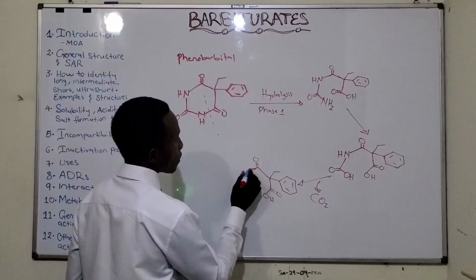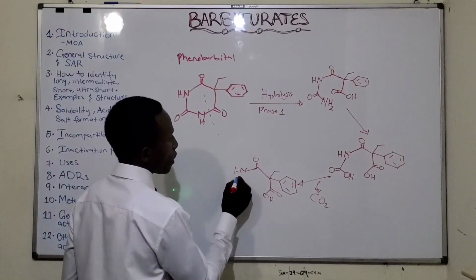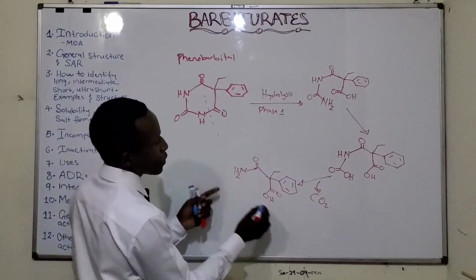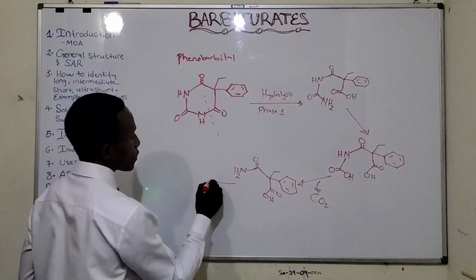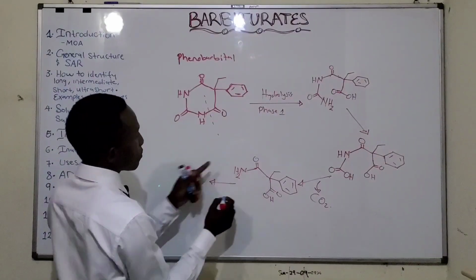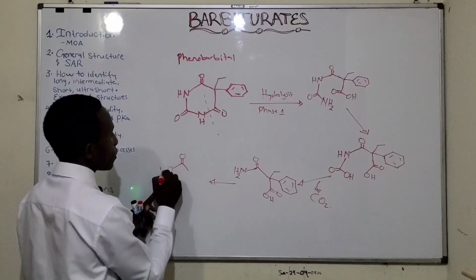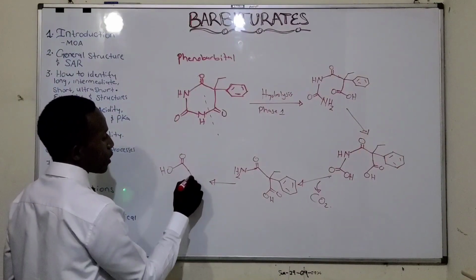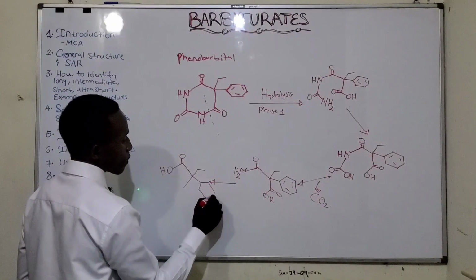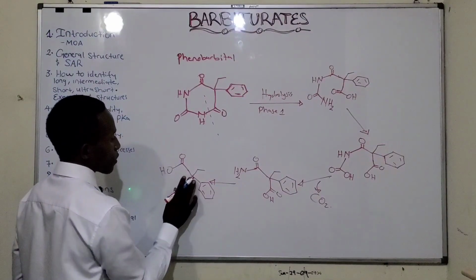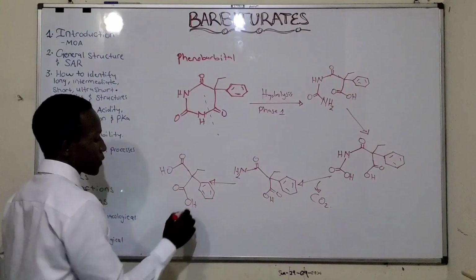Here we have this NH, now it will be NH2. This one is lost. This one can be hydrolyzed again, forming this with OH.